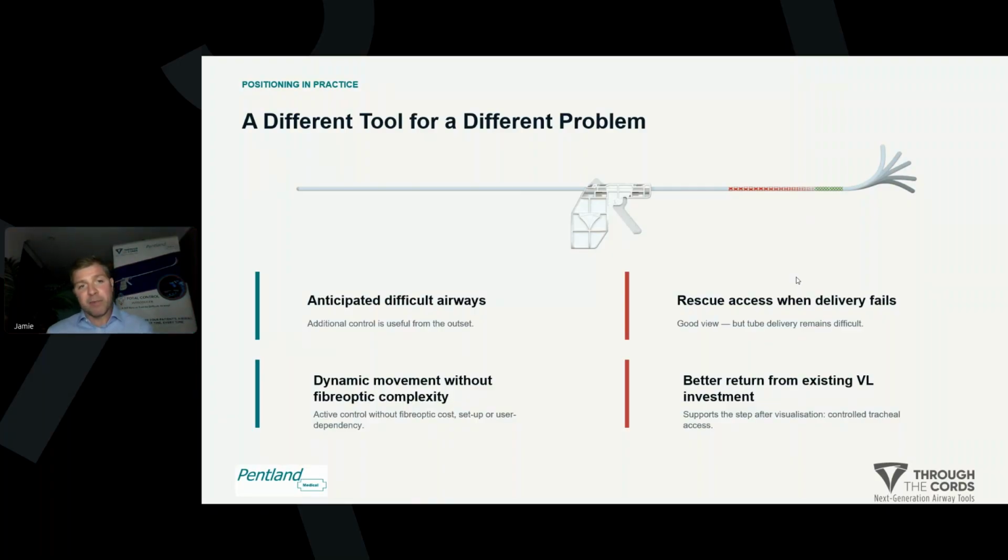In terms of comparisons, where does it compare most closely to? We often say the fiber optic scopes are the only other bit of equipment that will give you that same excellent dynamic range of movement. But fiber optic scopes are expensive. They're often not practical, especially in rescue situations, high pressure situations.